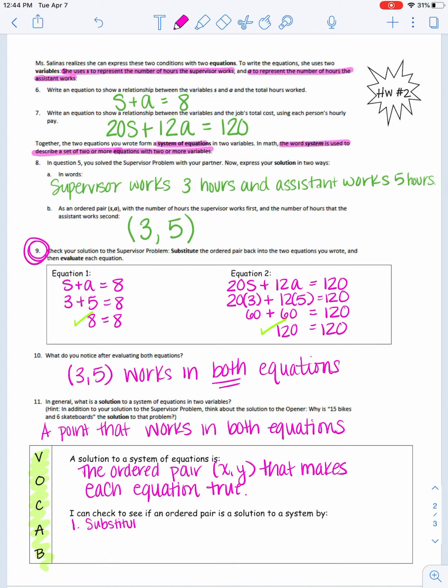Number 1, substitute x and y into both equations. Then we're going to evaluate, which is another word for calculate.